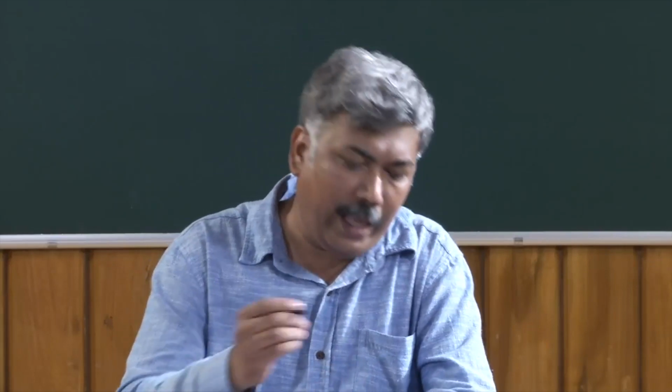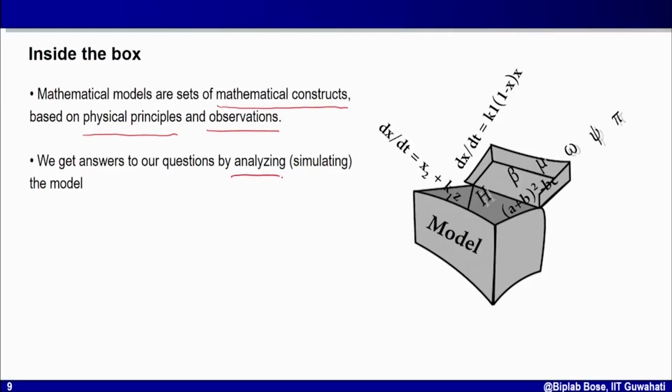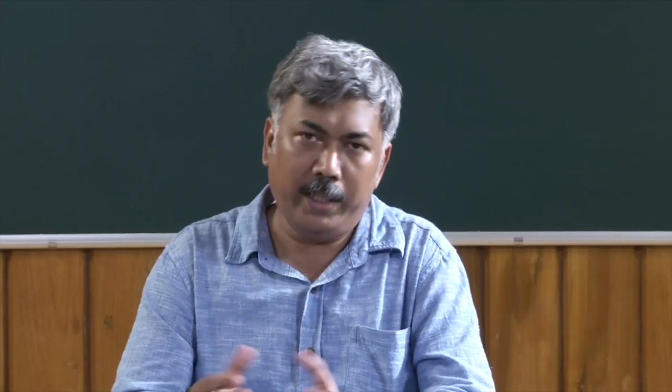Now I will ask questions to this model. That means I will analyze this model, or sometimes I will simulate. I will use a computer to simulate the behavior of this model using those equations. So that will be simulation. This analysis or simulation of the mathematical model will give answers to my questions. So mathematical modeling, for example dynamical modeling in biology, will have two parts.